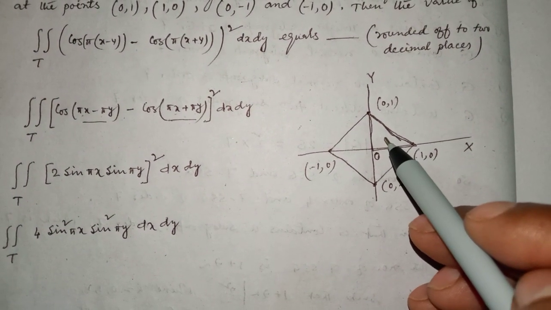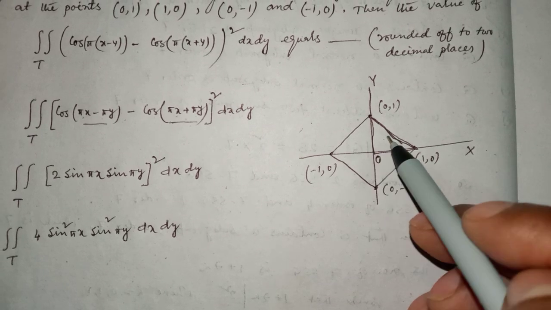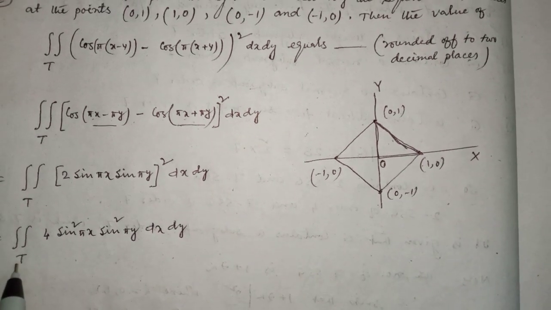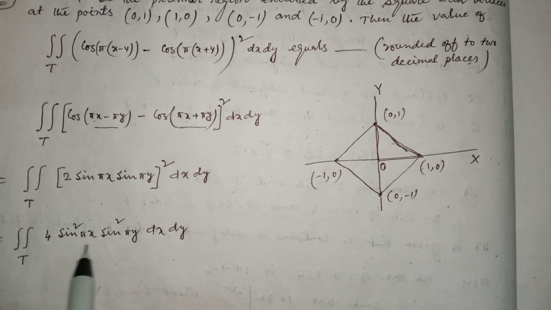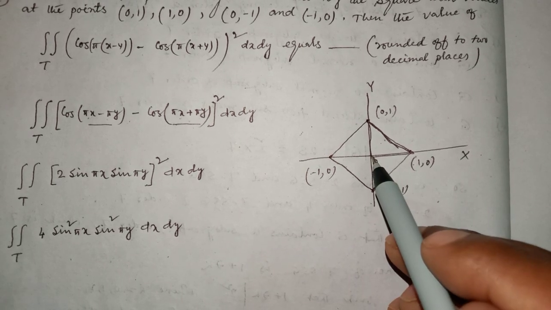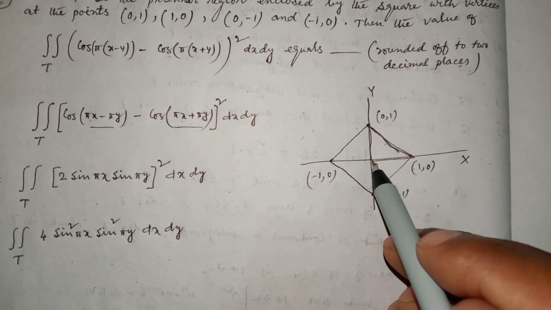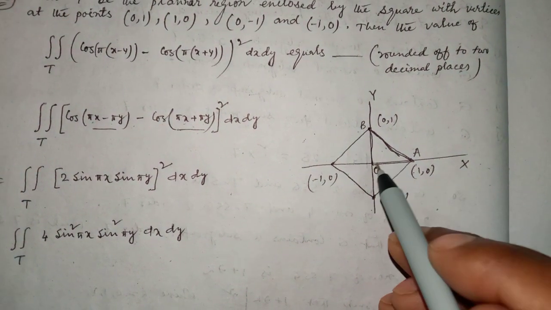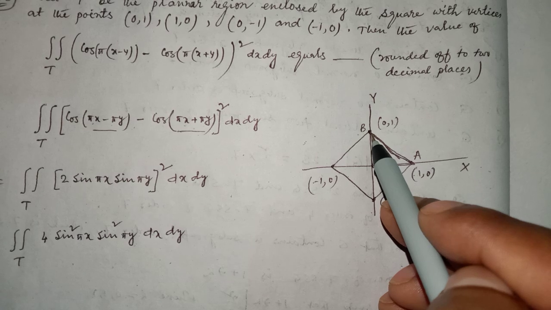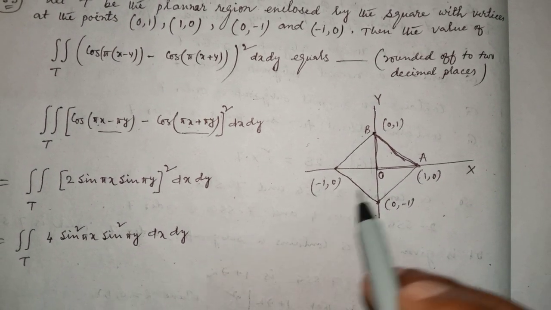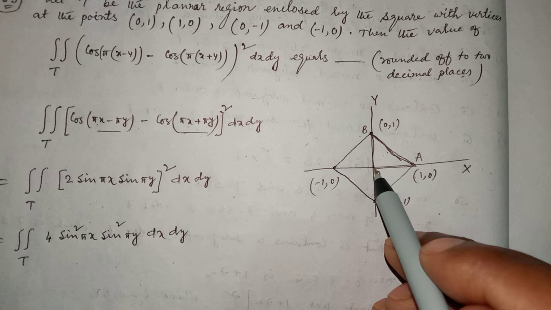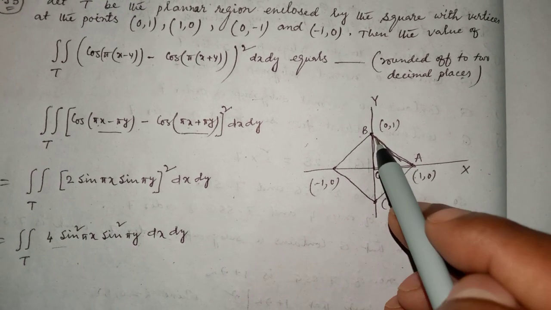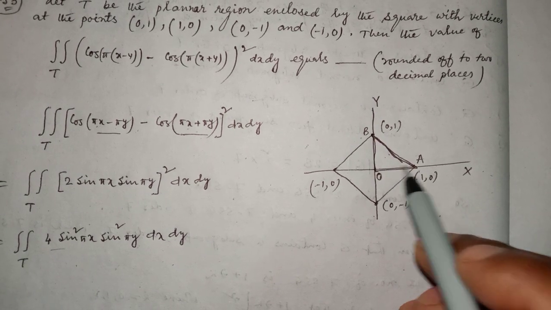Since this region is symmetrical, the integration of this function over the region T is equal to 4 into the integration of this function over the triangle OAB.